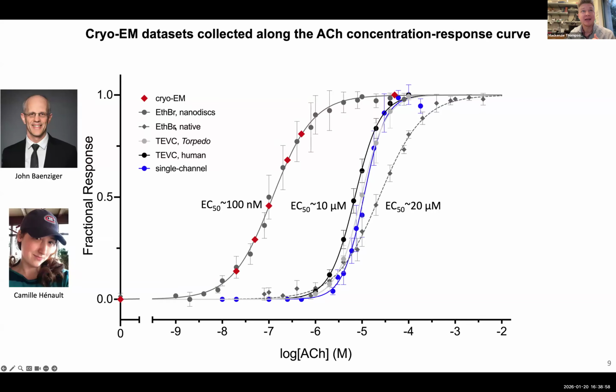This wasn't the case using the same assay for native membranes. For some reason, we can talk about it in the question period, the nanodiscs seem to shift the response curve to the left. But this gave us a target to start recording data sets at subsaturating concentrations.